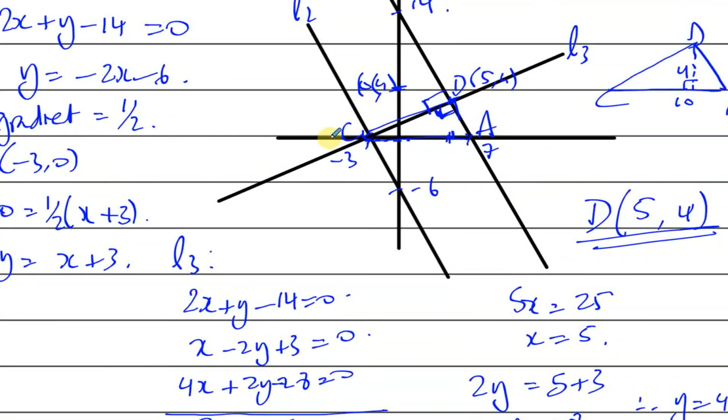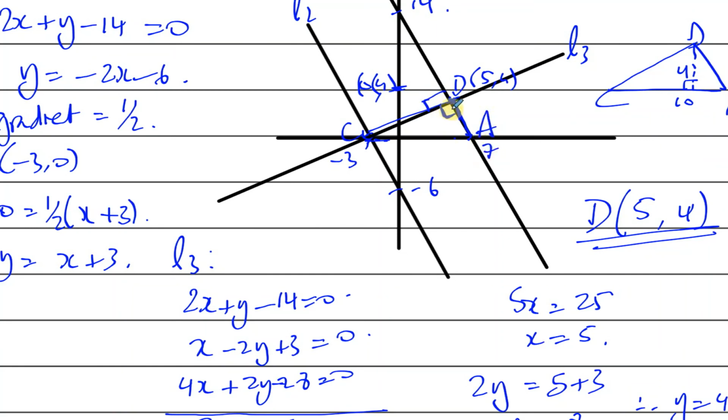As I said before, the easiest way to find the area of this triangle is as we did. You could have done it in other ways. For example, this is a right angle, so you could have taken these two as a base and the height, but then you'd have to find the length of AD and the length of DC using the length formula, which would be complicated.